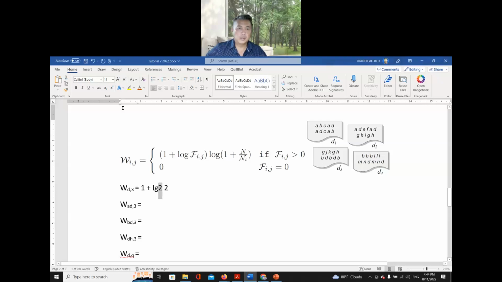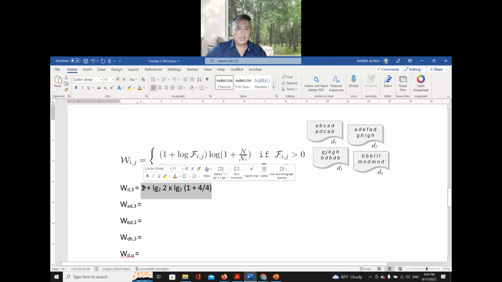So this is log 2 times log 2 of 1 plus we have 4 documents, and then how many documents consist of the item D? 1, 2, 3, 4. So 4. Okay. So this is log 2. So you need to complete the calculation.